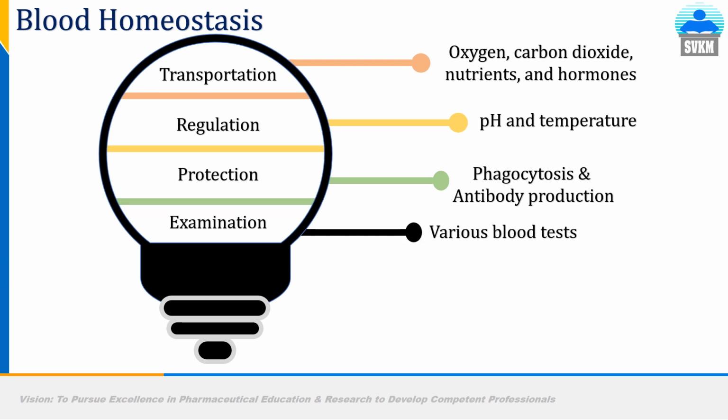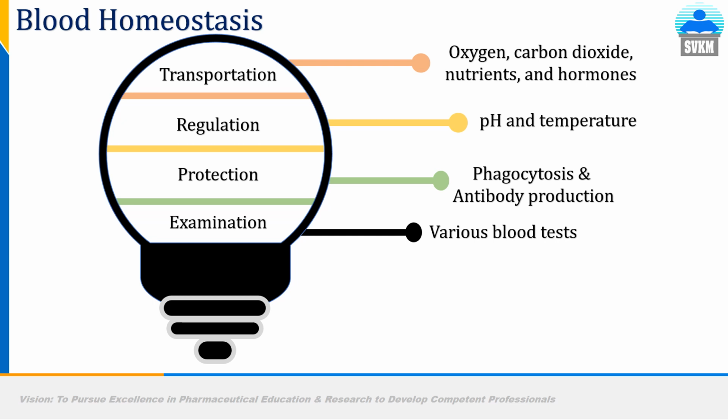Most healthcare professionals or practitioners examine and analyze the components of the blood by doing certain blood tests. The aim behind these tests is to find out the root cause of the disease.